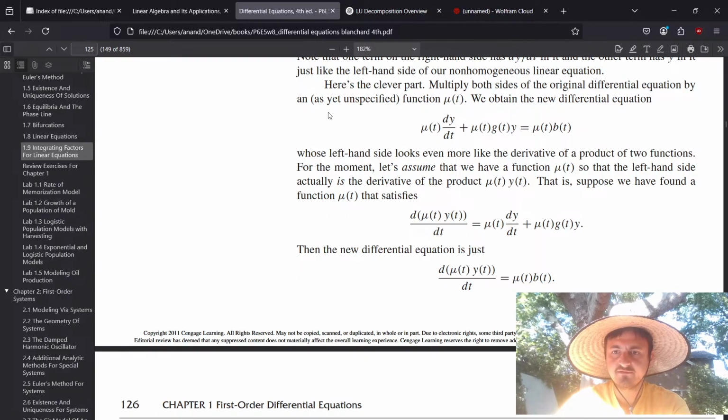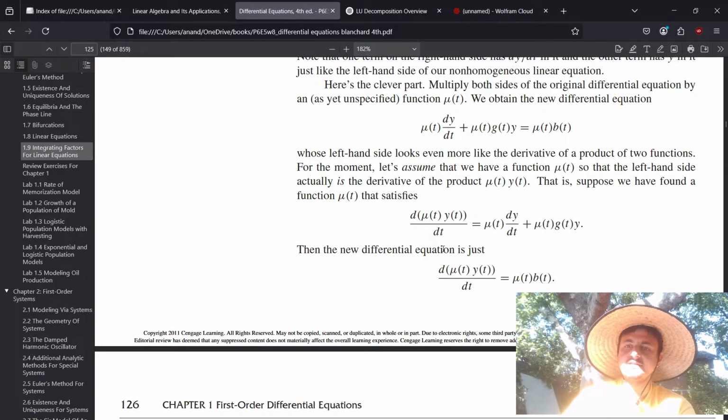So suppose we found a function that satisfies this, then the new differential equation, okay, so this is the step of explaining why it simplifies.